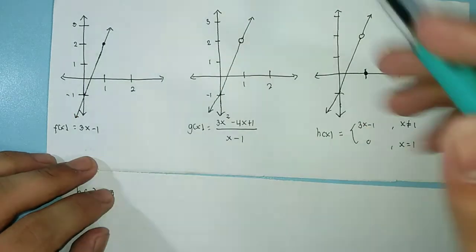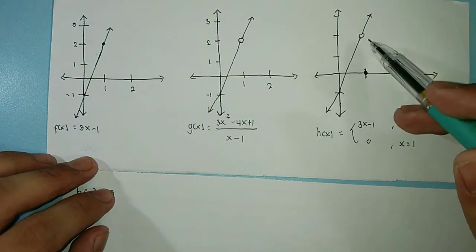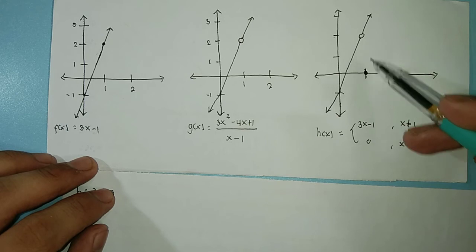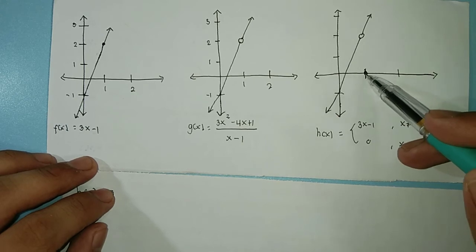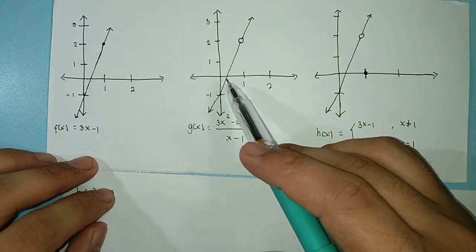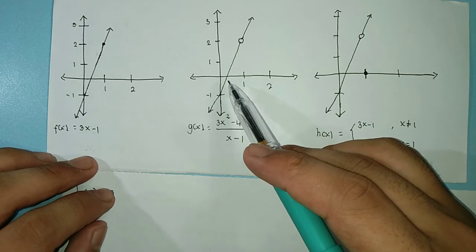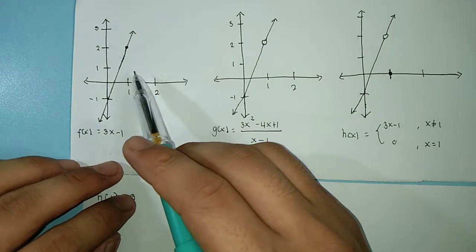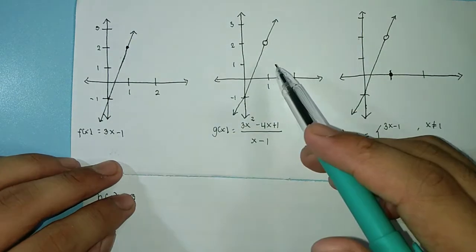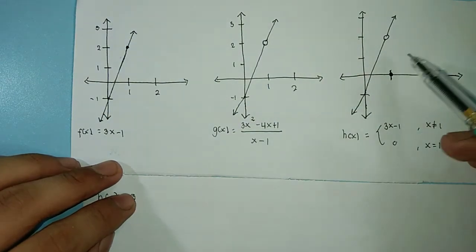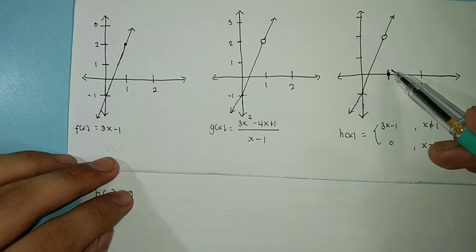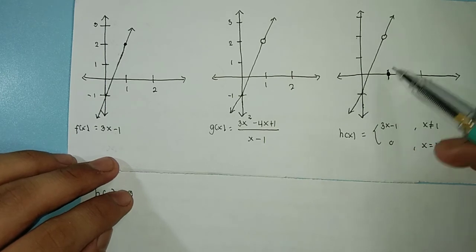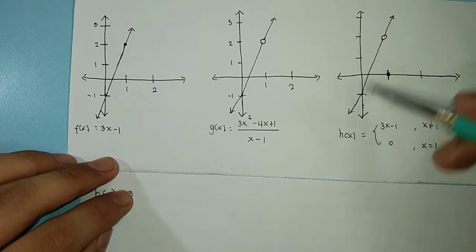So dito ay dot, dito ay circle din, but yung h of 1 natin ay defined kasi yung h of 1 natin ay 0. Unlike dito sa g of x, yung g of 1 ay undefined. So dun sila nagkakaiba-iba. So dito, yung f of 1 natin (1, 2), yung g of 1 natin undefined. Dito naman, yung h of 1 natin that is (1, 0), which is hindi rin kasama sa graph na to.